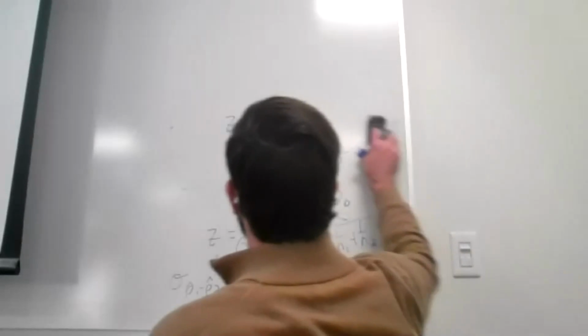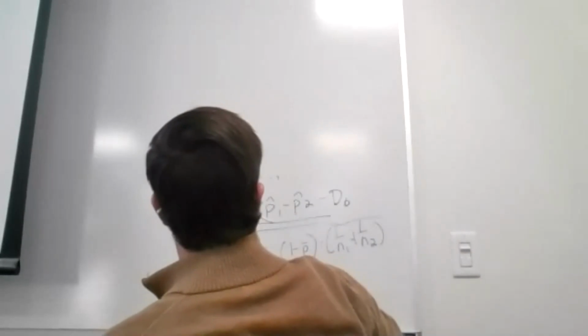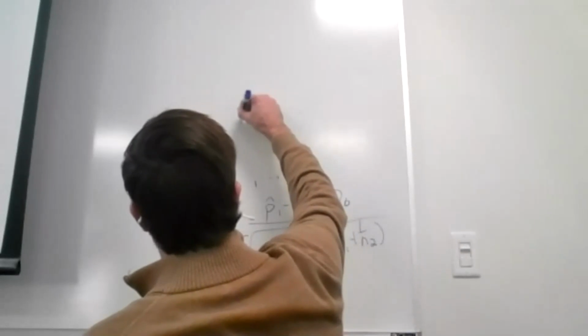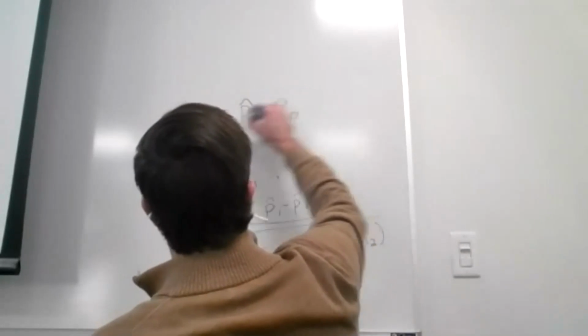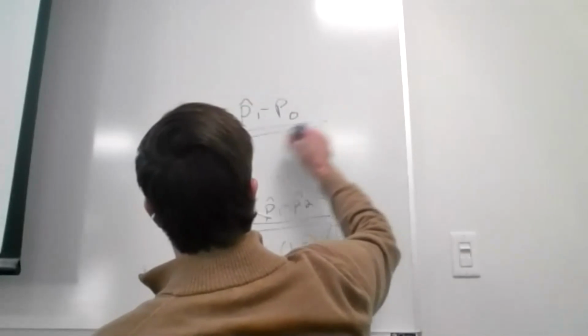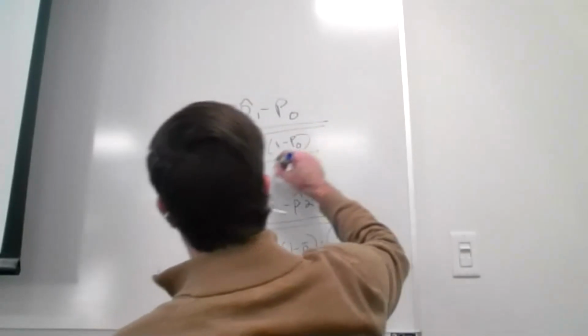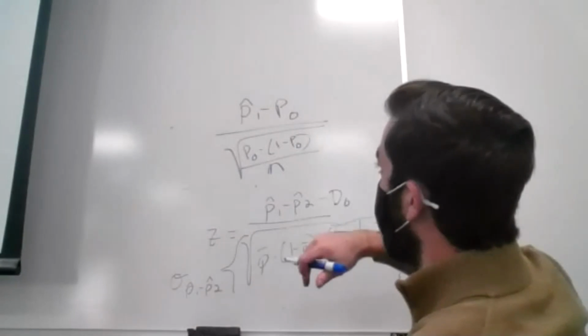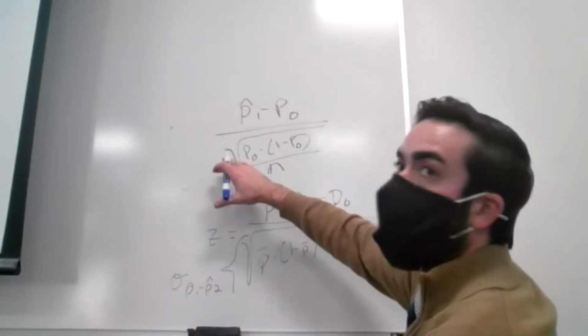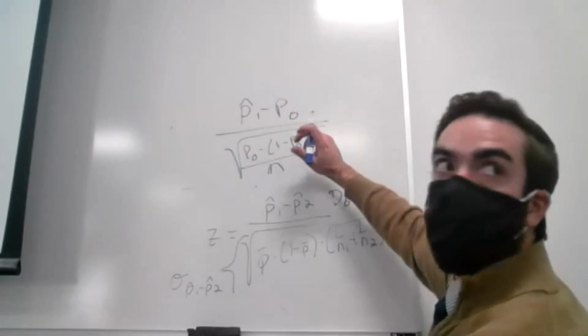As a reminder, with proportions we would take the sample proportion minus the assumed true proportion, divided by this. That was our one population example. What we used in that denominator was this assumed true proportion.